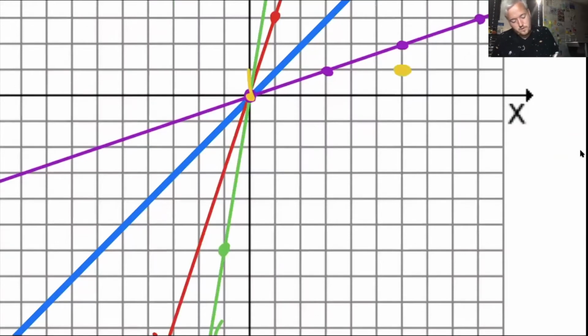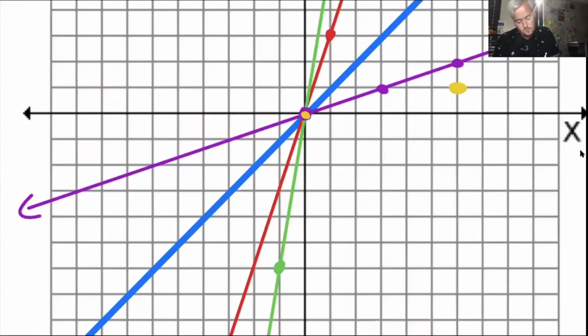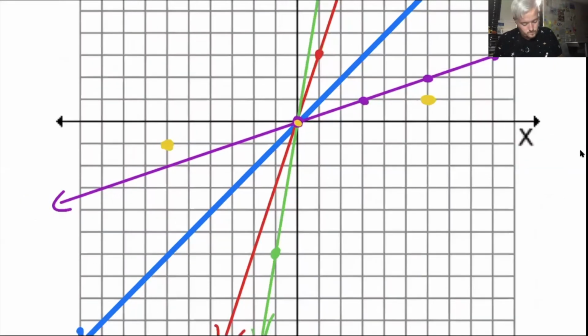Up 1, then 1, 2, 3, 4, 5, 6. All right, so I need to go the other way. 1, 2, 3, 4, 5, 6, and then down 1. So there's the other point. Okay, so press and hold, now extend. Boom, boom. So now these are getting flatter.